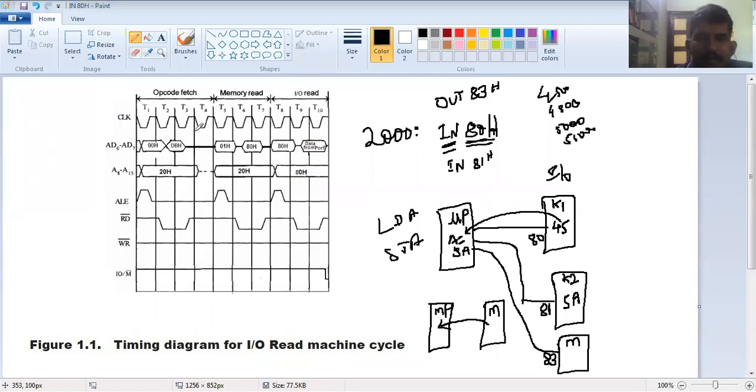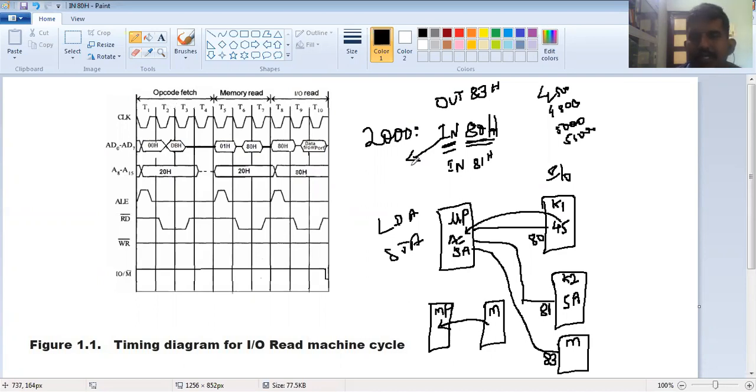Okay, listen. Now we need to know how many T states and how many machine cycles it is going to carry. Here, at 2000, IN 80H is available.